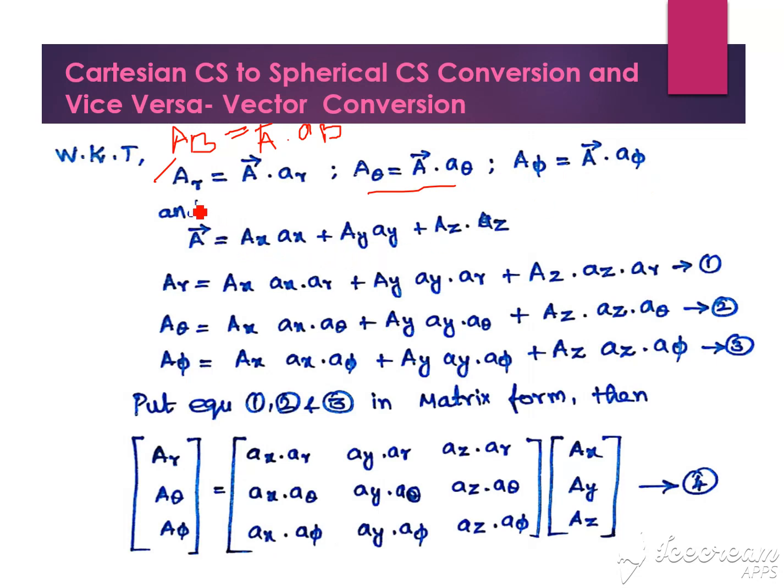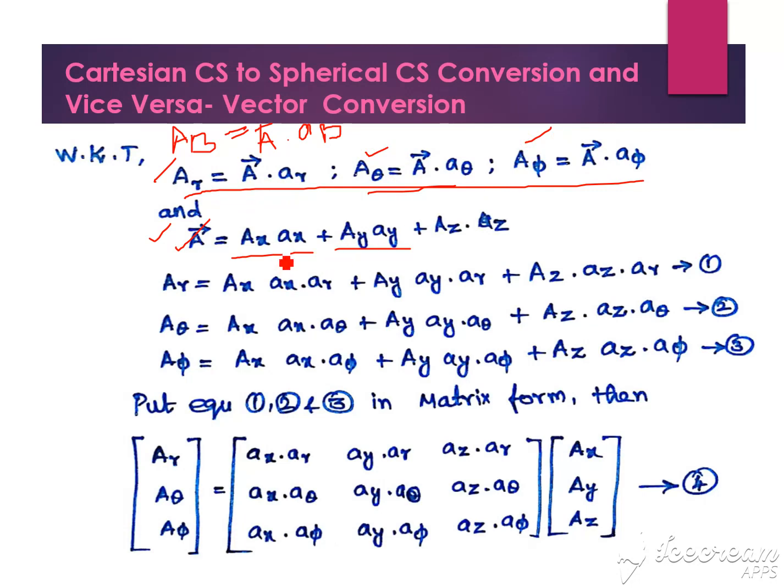Here we defined all the parameters with respect to spherical, and now we define the A vector with respect to Cartesian: AX, AY, AZ. Now simply substitute this A value in the above three expressions, for AR, A theta and A phi.